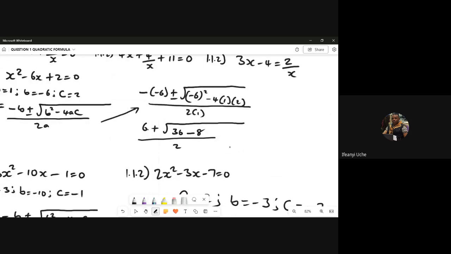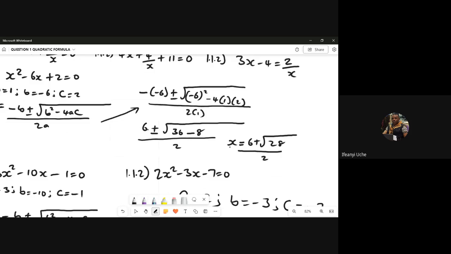Then you can now finish your calculations. Ensure you don't make mistakes here. So x is equal to 6, sorry, here is plus minus. 36 minus 8 is going to give us 28 all over 2.